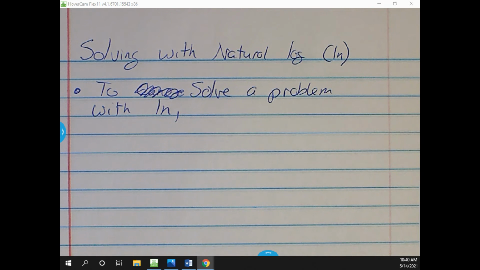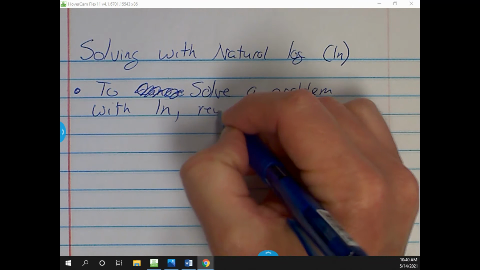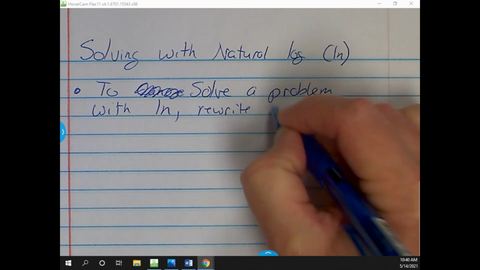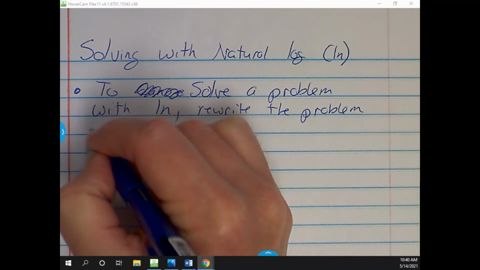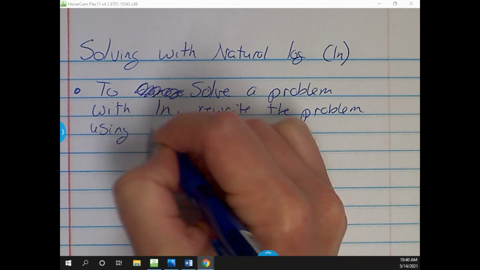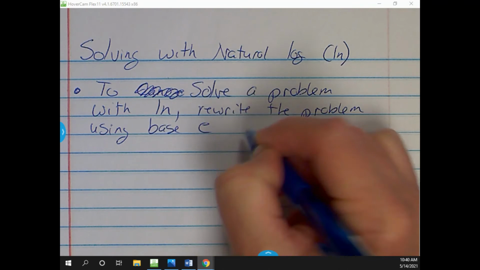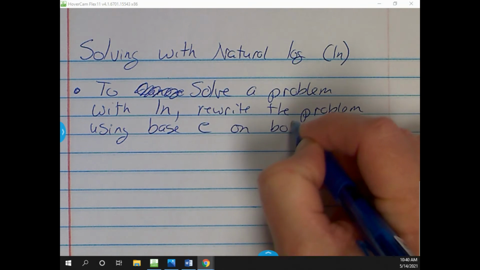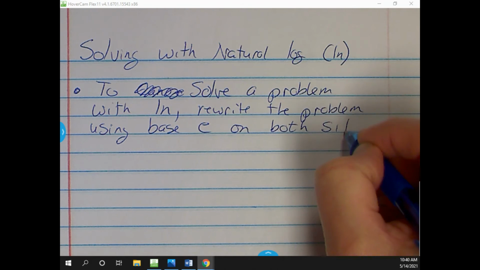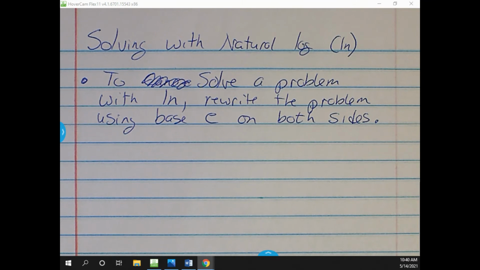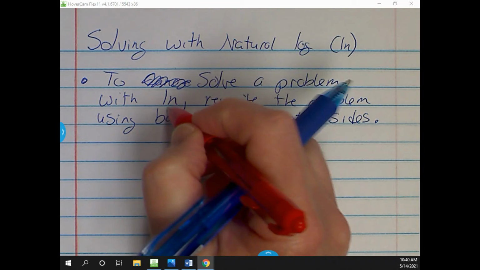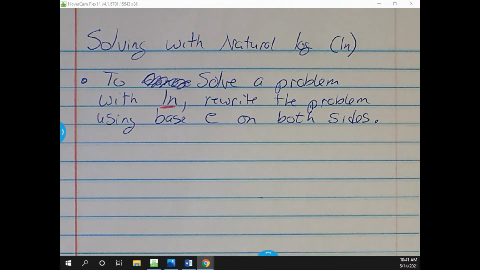To solve a problem with ln, you're going to rewrite the problem using base e on both sides.